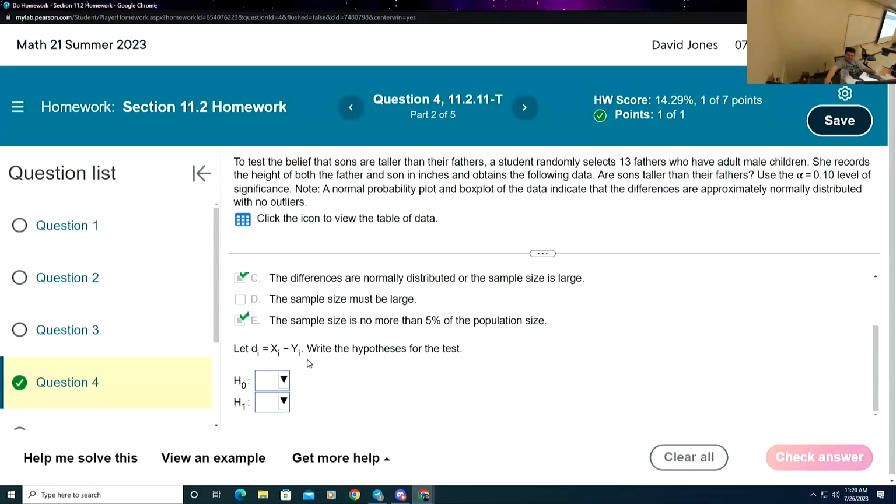Now it wants D. D is for difference, and I is based on the pairing of the data, since it's matching up father and son. The I represents whether it's the first father and son pair, the second son and father, stuff like that. Well, let's see what's going on here.